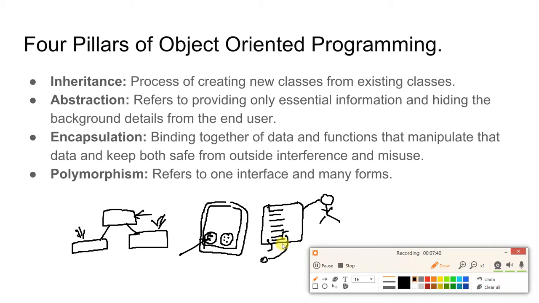So you designed a complex class, shipped it to the end user, and the end user created an object of the class and started using its methods. In this case also, the end user doesn't need to know what kind of complex logic you have written inside your program, or what programming is written behind your functions in the class. He just needs to know how to call those functions to perform some functionality. So this is what you call abstraction.